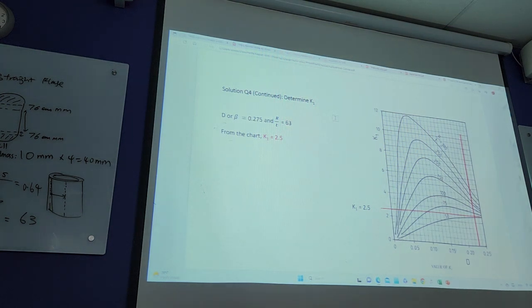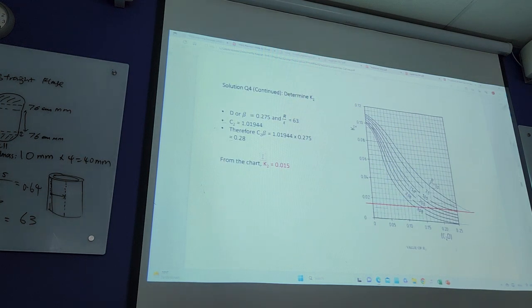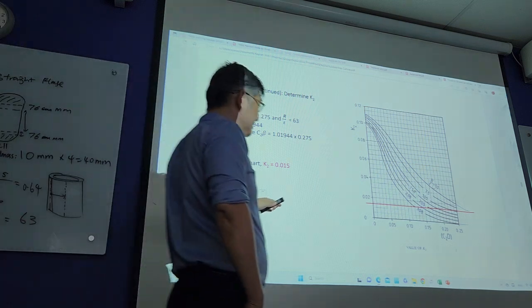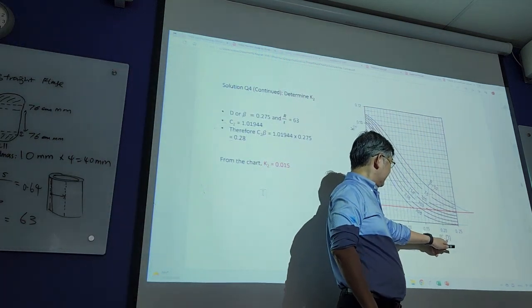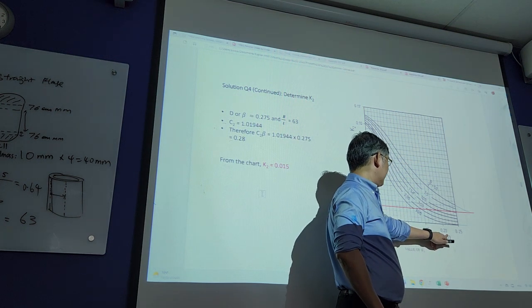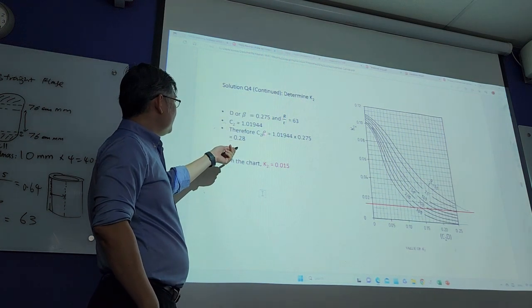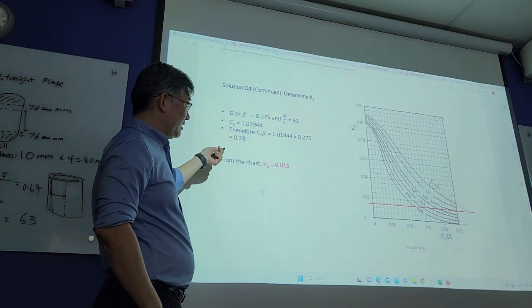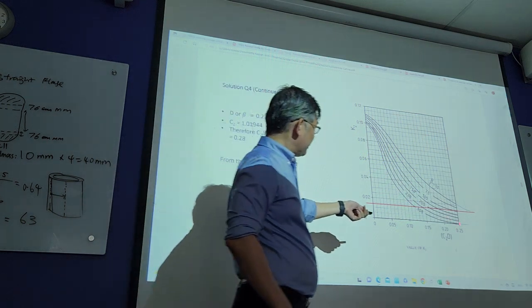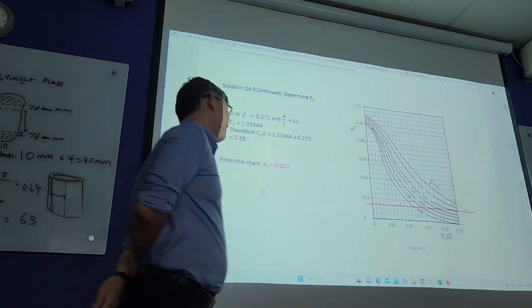Alright, 2.5. After that, for K2, over here the x-axis is C2 D. This C2 we found out just now from the interpolation. So you multiply, and for our example here, C2 beta is about 0.28.